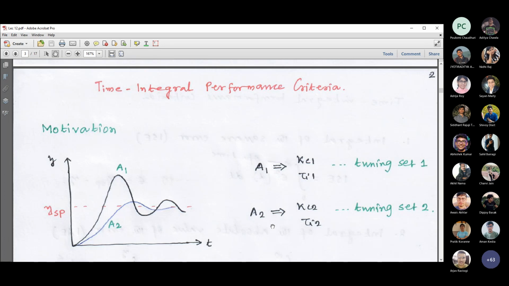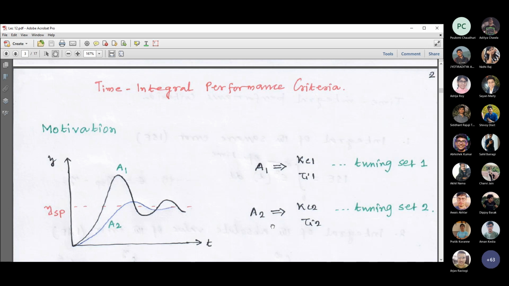One response corresponds to tuning set 1, another closed loop response corresponds to tuning set 2. So we are basically using two tuning sets. One corresponds to KC1 tau I1 and second tuning set corresponds to KC2 tau I2.